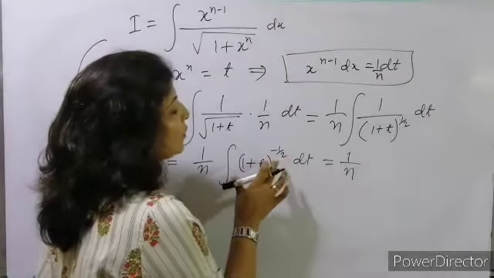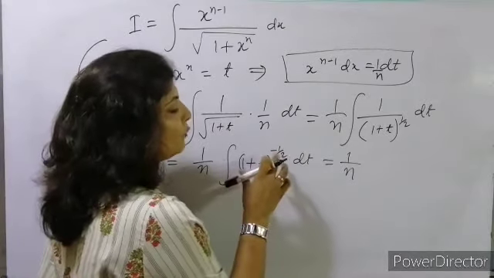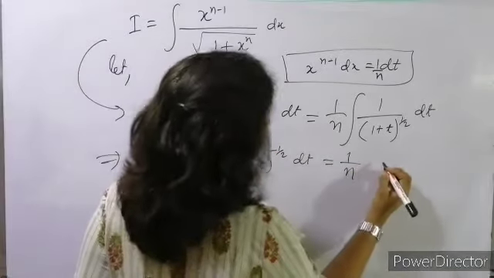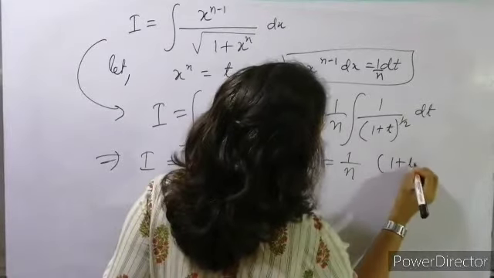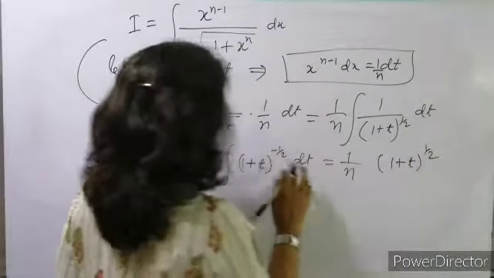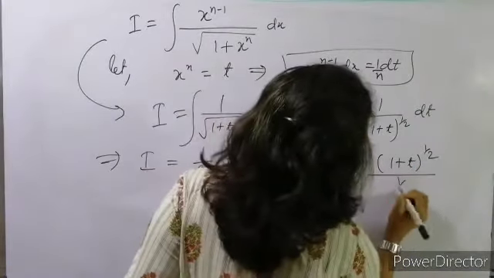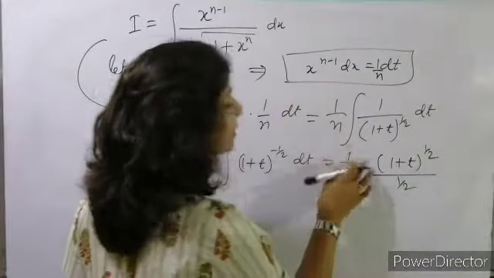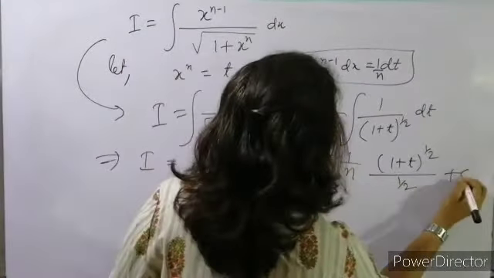So adding 1 in this, we get 1 plus t to the power 1 upon 2, divided by 1 upon 2. Divided by 1 upon 2 means multiplied by 2, plus c.